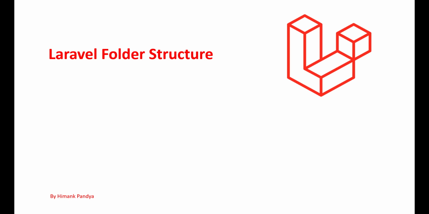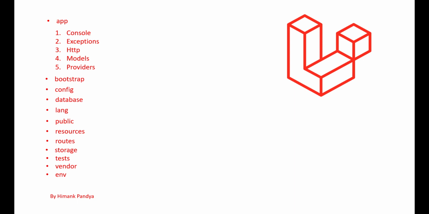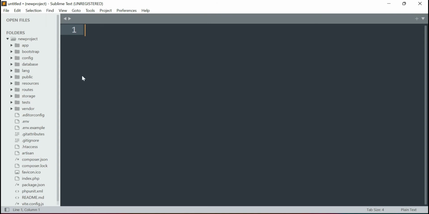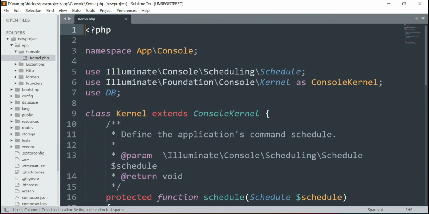Laravel folder structure. We will see here Laravel's files and folders. App console kernel. The console kernel is used when you interact with your application from the command line using artisan commands. Artisan is the command line interface included with Laravel.